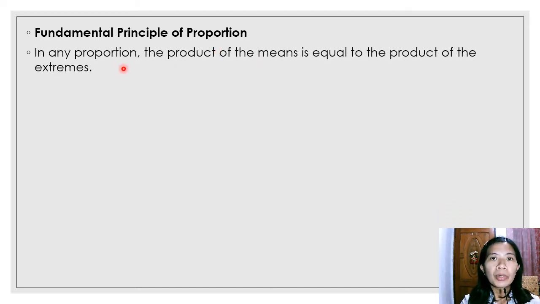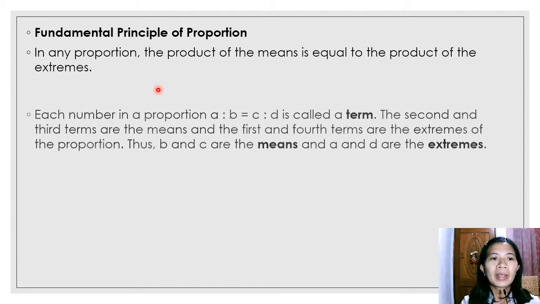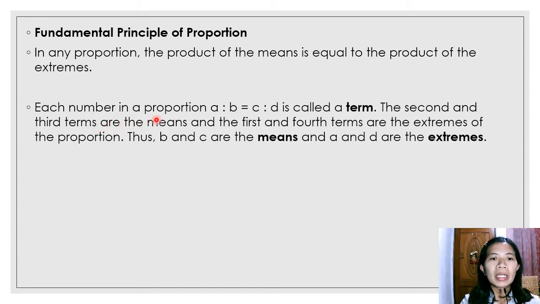In any proportion, the product of the means is equal to the product of the extremes. Each number in a proportion, A is to B equal to C is to D, is called a term.